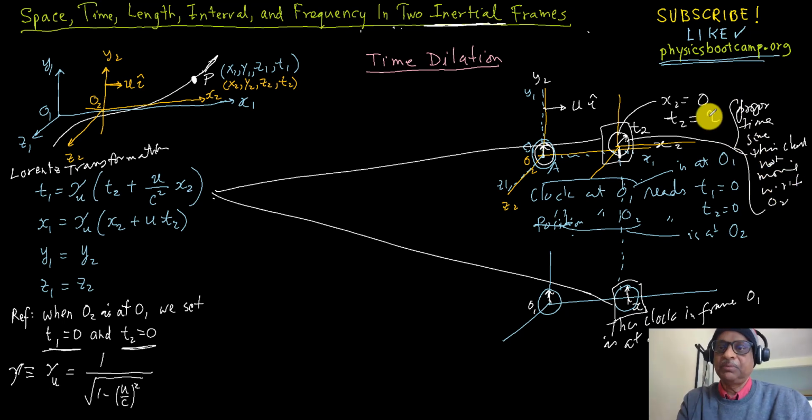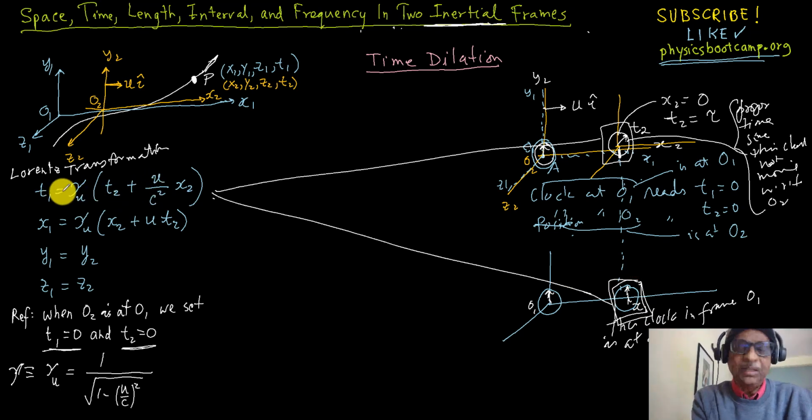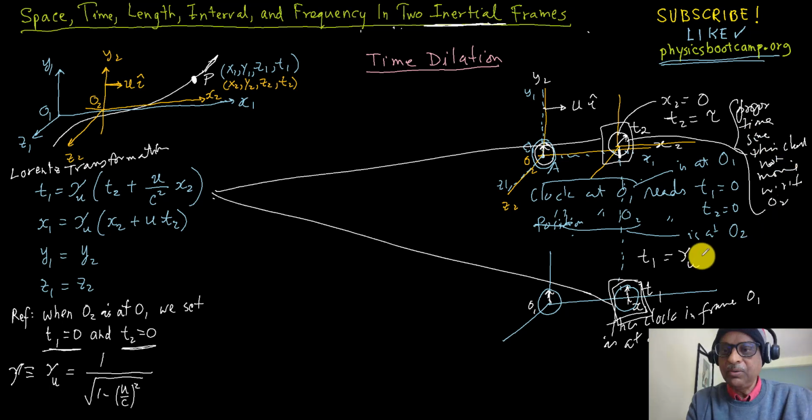So we can give it a letter tau. I want to know what's going to be over here. The relationship says this will be some reading T1. This T1 will be, if I look at over here, gamma U, and T2 is tau, and then x2 is 0. So this is just gamma U tau.